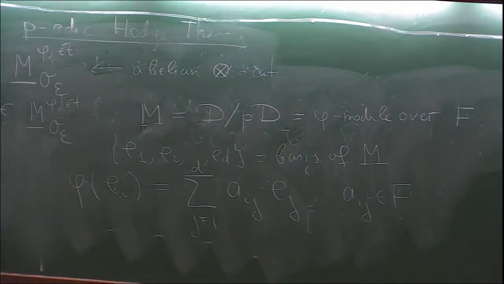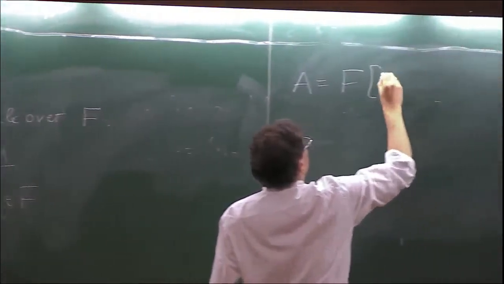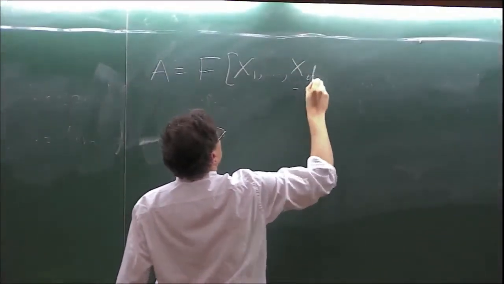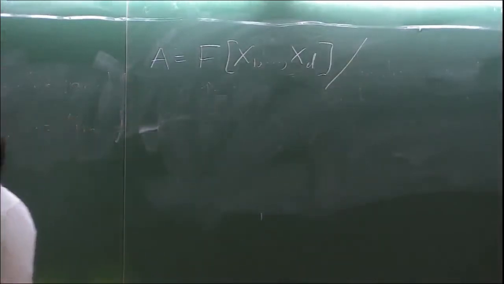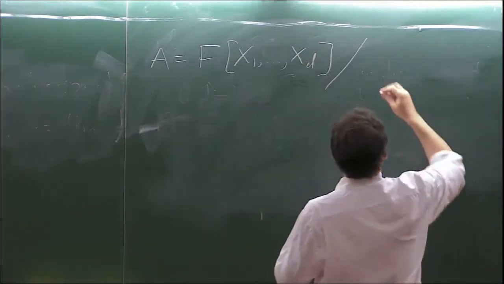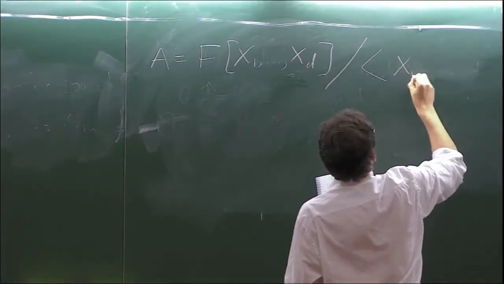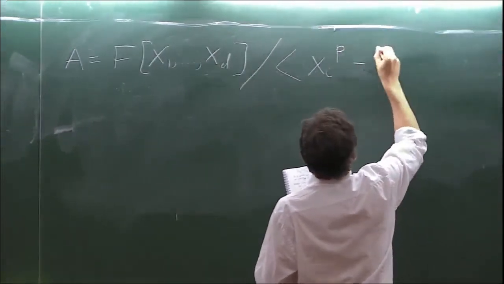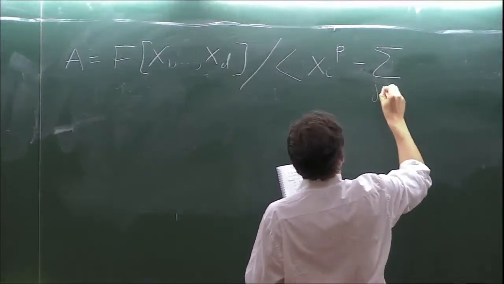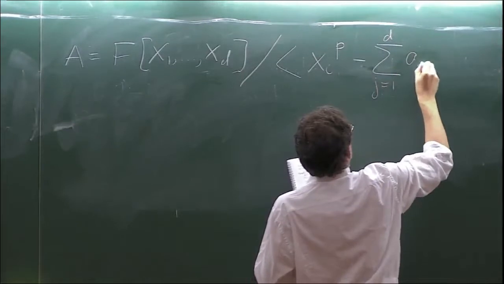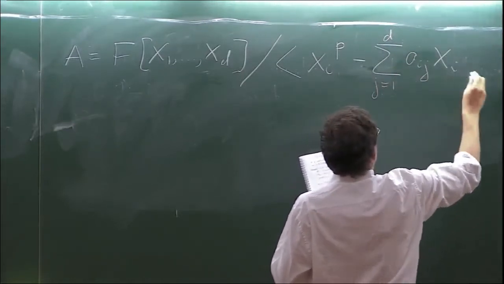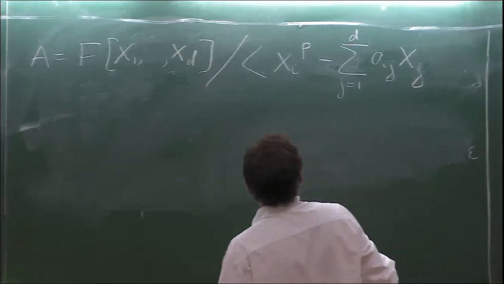Then we can consider the following algebra over F. We take the quotient of this polynomial ring by the ideal generated by the family of elements for all i.